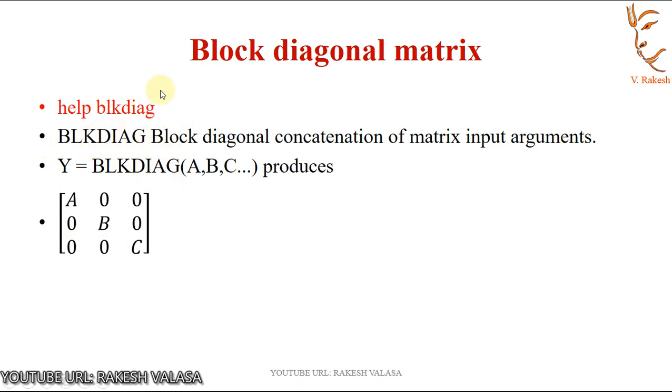Block diag means block diagonal concatenation of matrix input arguments. That means it clubs the different matrices A, B, C into a single matrix, that is y equal to blkdiag of A comma B comma C produces A 0 0, 0 B 0, 0 0 C. A, B, C are the smaller matrices.